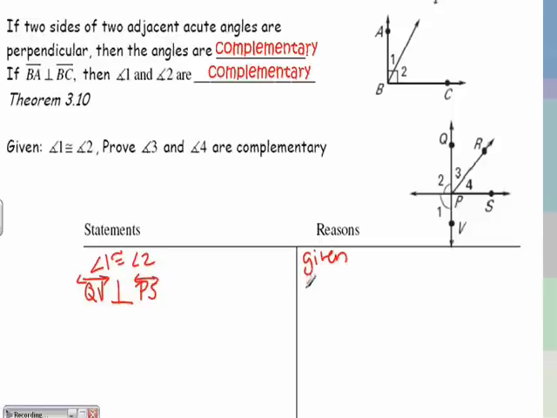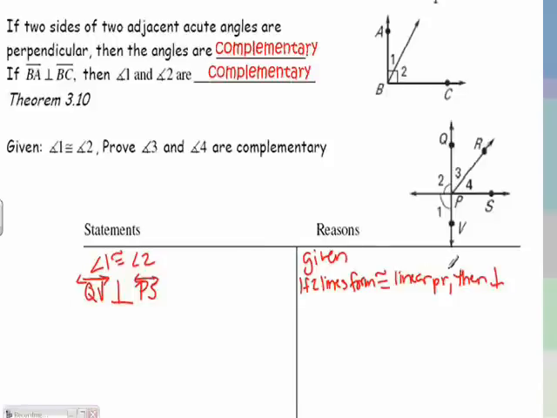Okay, and the reason why we know that is because if two lines form a congruent linear pair, then they are perpendicular. All right, that's the shorthand way of saying what we learned on the previous page.